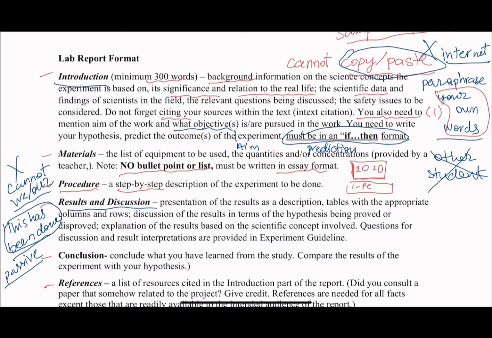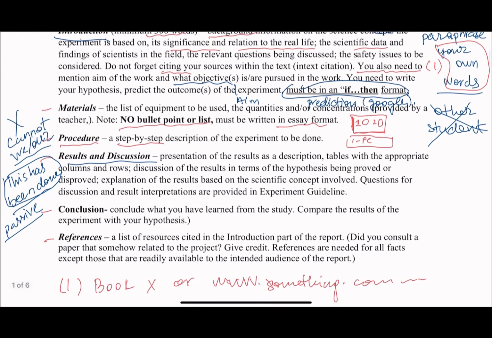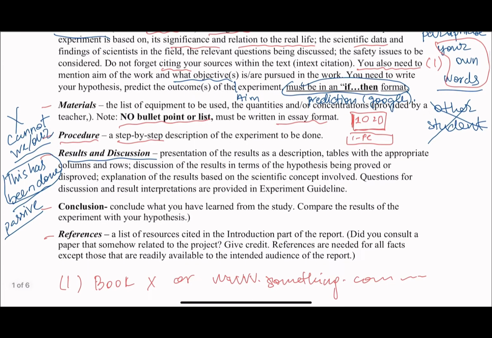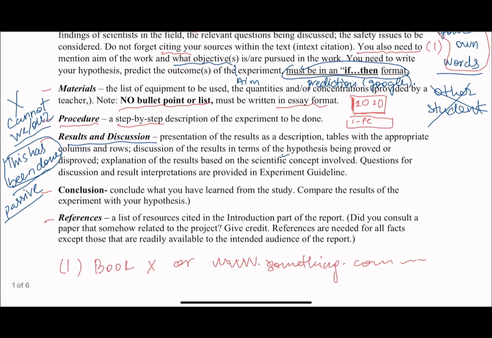You can use Google. You need to research your sources and say, I predict this way, but we'll see what the results are. So you make the hypothesis in the introduction section, and then in results and discussion, you will talk about whether your hypothesis was right or wrong.